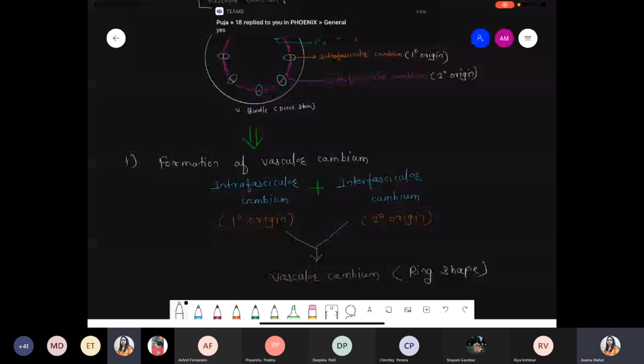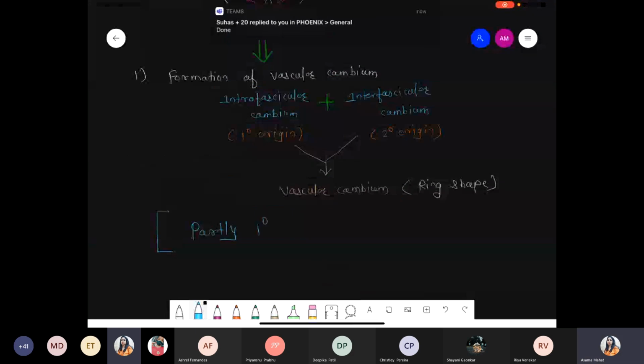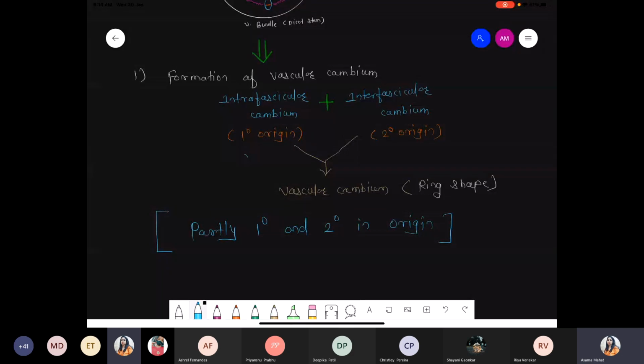Very nice. So now, the vascular cambium is partly primary and partly secondary in origin. Why are we using the word partly? Partly means partially. 50% intrafascicular cambium, 50% interfascicular cambium. Intra is primary in origin, inter is secondary in origin. That's why we are using the word partly.